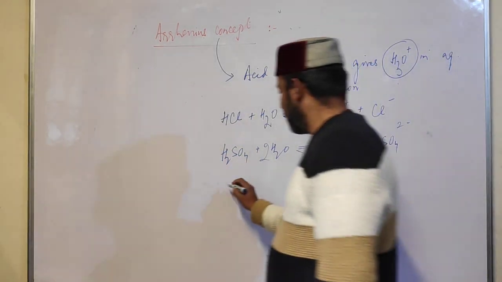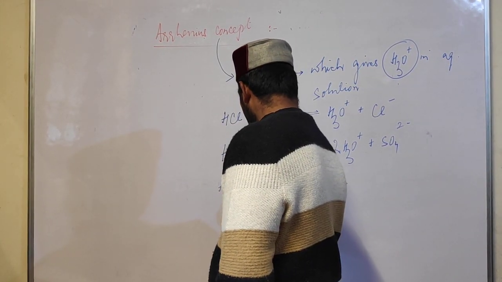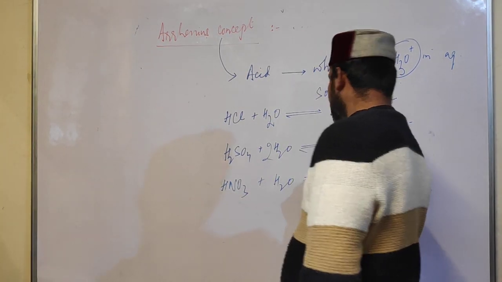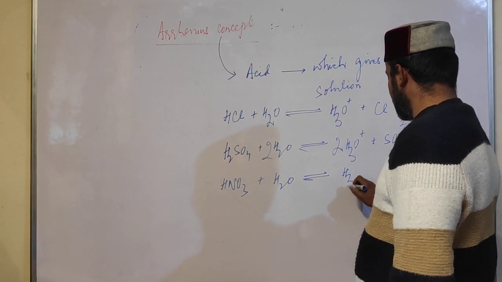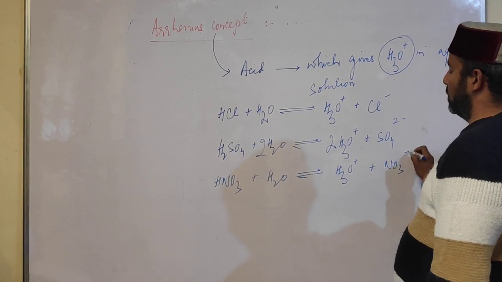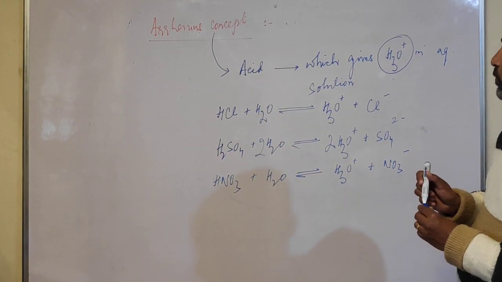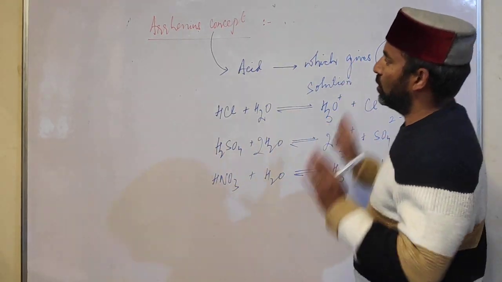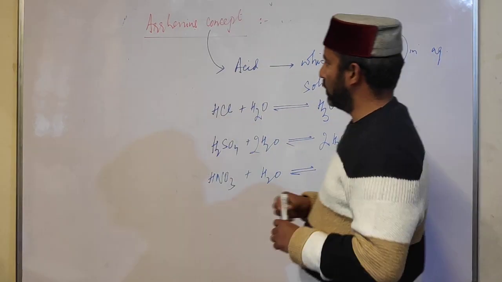So we have another example, nitric acid, because it also undergoes ionization in water and gives hydronium ion and nitrate ion as the anion. So any substance which on ionization produces hydronium ion, according to Arrhenius concept, is called an acid.